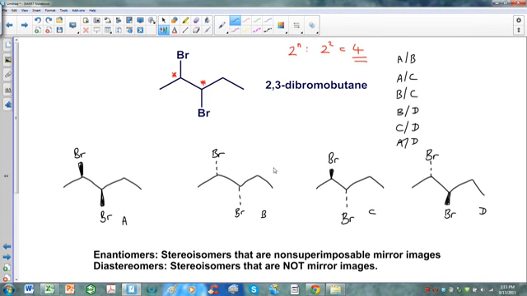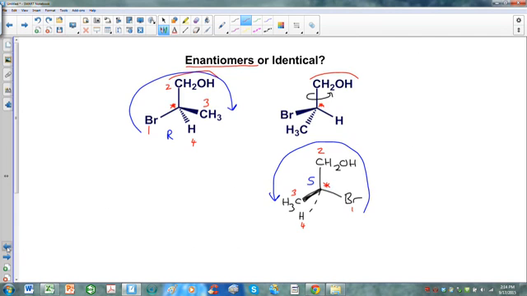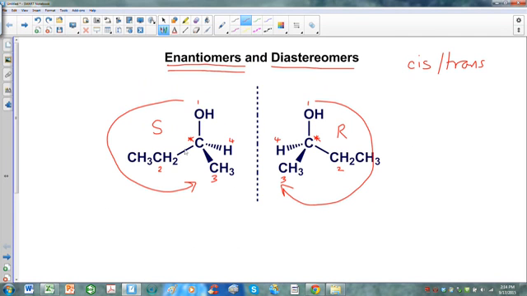Alright. Now, take a look at A and B. Can you see two wedges, two dashes? Can you see in each case all the stereochemistries are different? You remember earlier on we'd said when all your stereocenters are different, it means you have a pair of enantiomers.